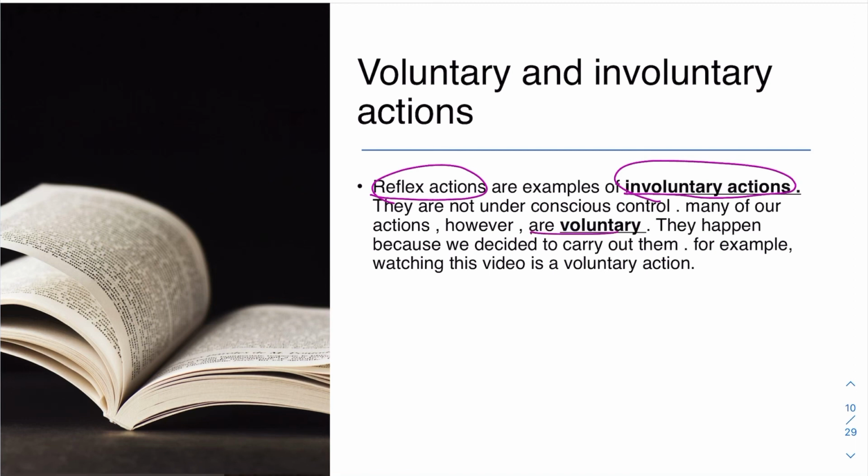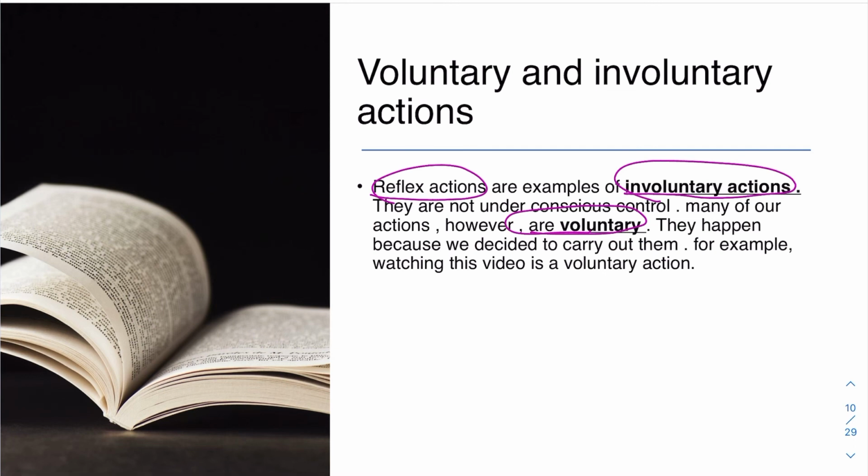But there are some other actions that we do because we decide to do them. For example, reading a book, raising your hand to answer a question, choosing your way, where to go, changing your direction. These are the things that you decide, and they are under your own control.